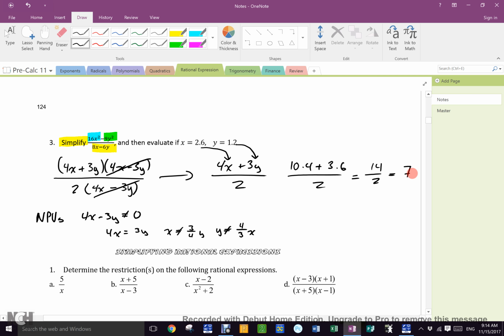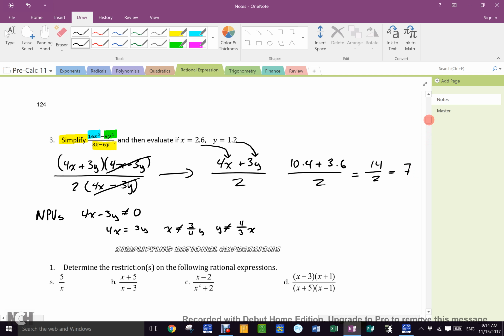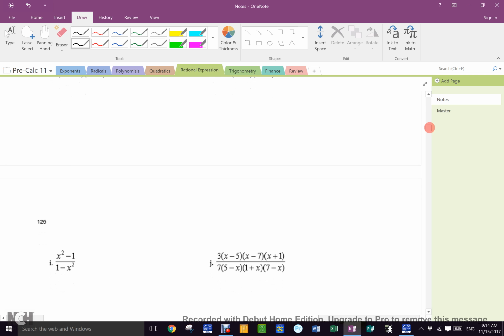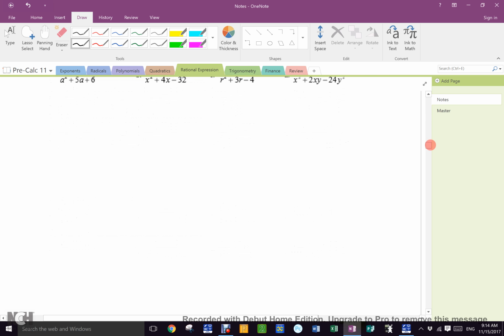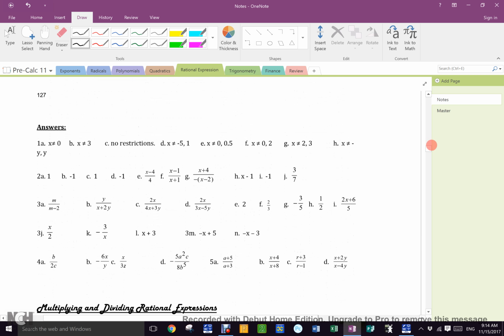All right, now listen up. It's 9:14. Here's what I want from you guys. It looks like a crap ton of work, and I'm giving you now and tomorrow's class to do it. But before I go too crazy, if you flip all the way to page 127, what do you see? They're all there, okay?